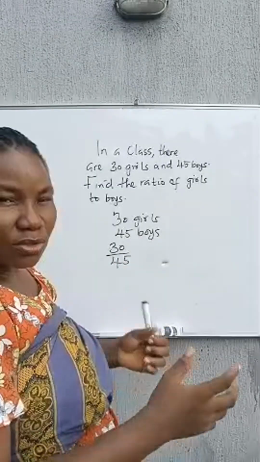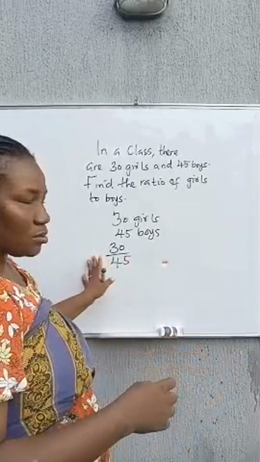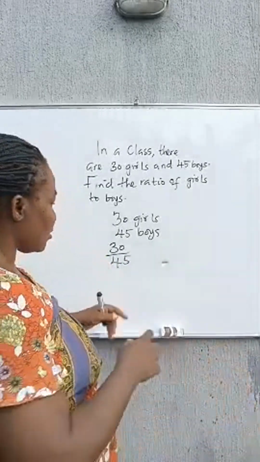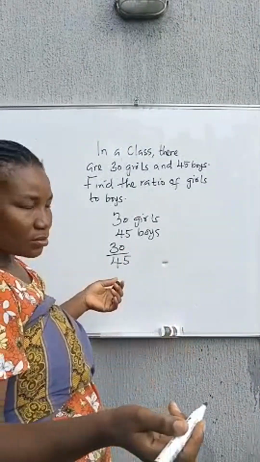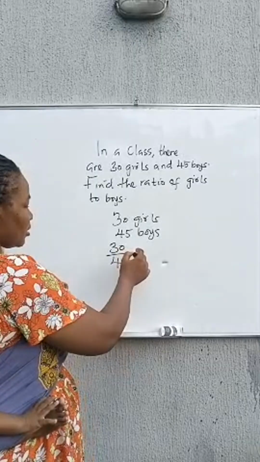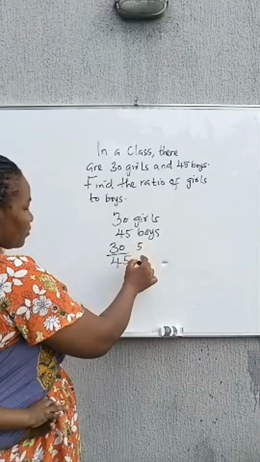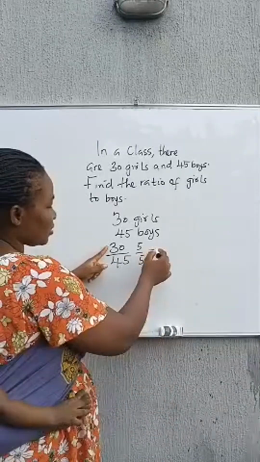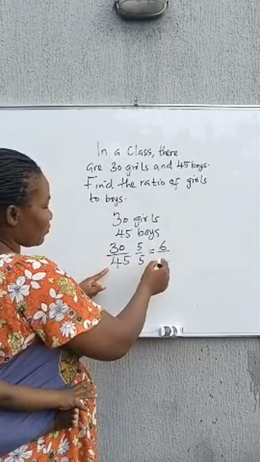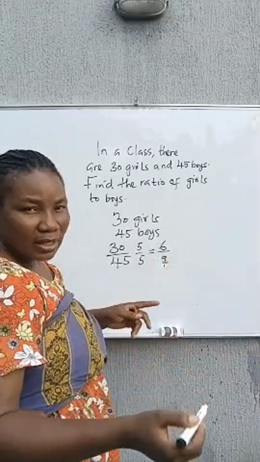The next thing we do is to simplify it using their HCF, or using a common factor. So let's use 5 to simplify both. 5 in 30 is 6, 5 in 45 is 9.